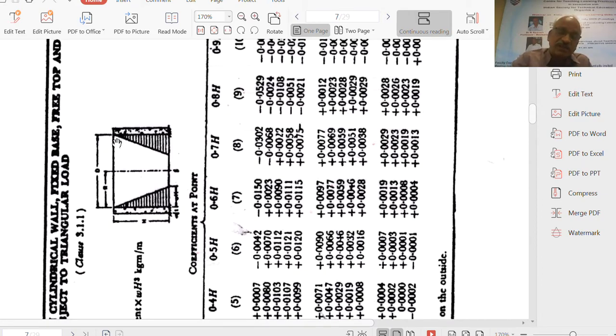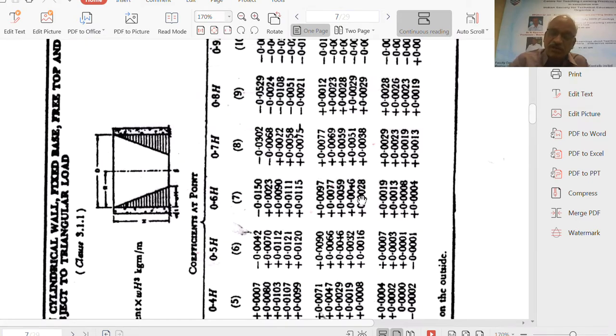All these values are not so clear here, but you can refer to the code book. Based on H, for different heights like 0.5H, 0.6H, 0.7H, the direction you have to take, that arrow, is also not clear. So we have to become familiar with it; these things are available in the code book also.